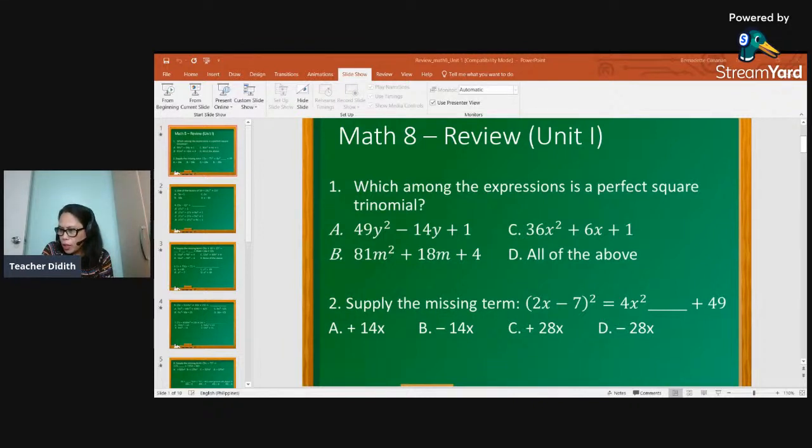Ano yung mga sagot nyo, anak? 1 and 2 lang po nakikita. Oh. Anong 1 and 2 lang? Yeah, 1 and 2 lang. 3. Really? Okay, wait. Thank you.